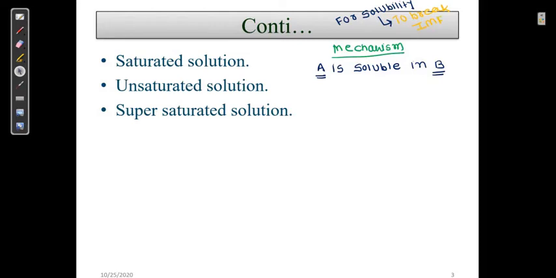Now the question is, what are the intermolecular forces? Let us see that also.